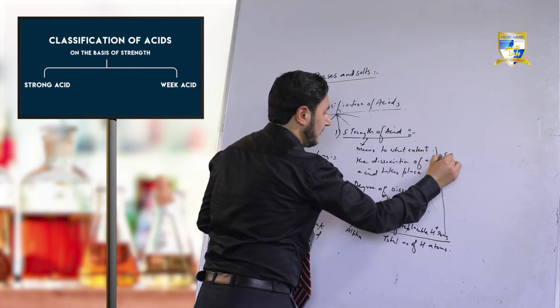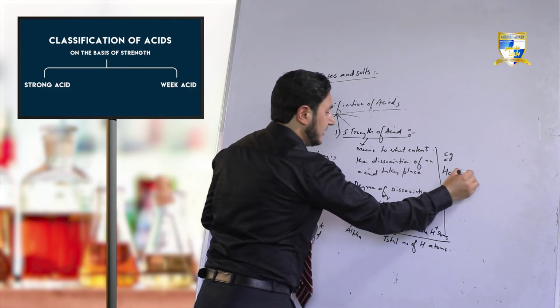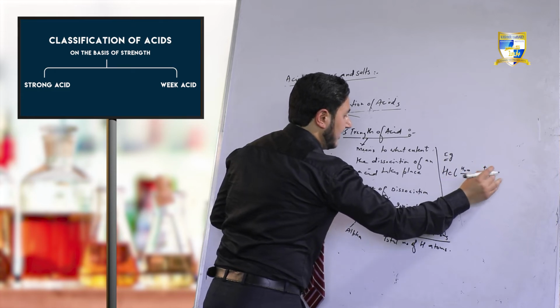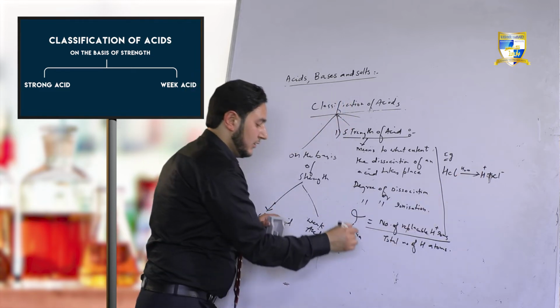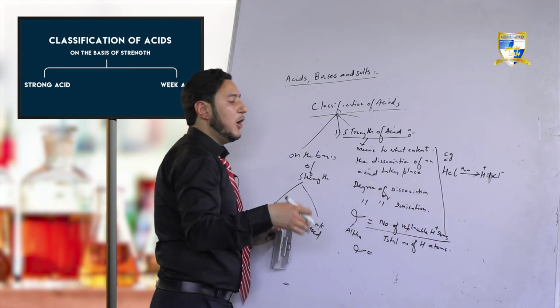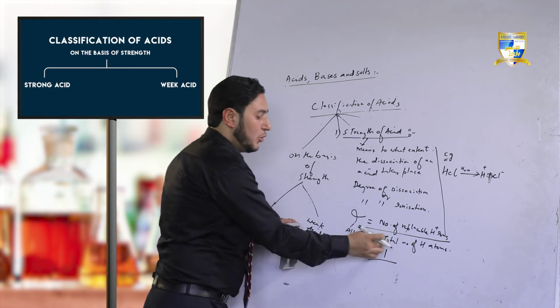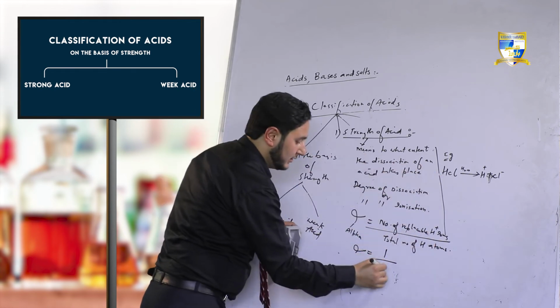Example, HCl. We know HCl, if we dissociate it in water, will form H positive and Cl negative. Check the strength: number of replaceable H positive ions, that is, how many H positive ions are there? A single one, upon total number of hydrogen atoms in the formula. Hydrogen atoms only one.